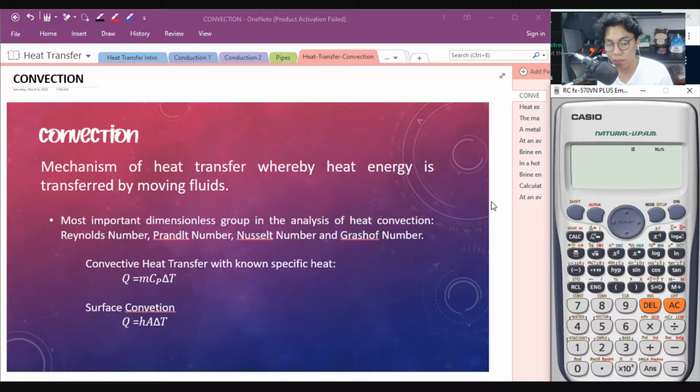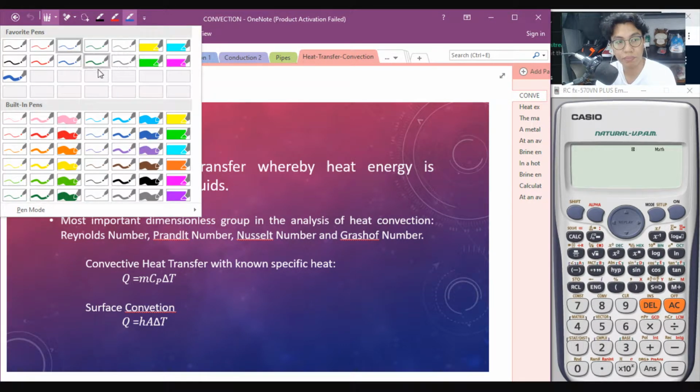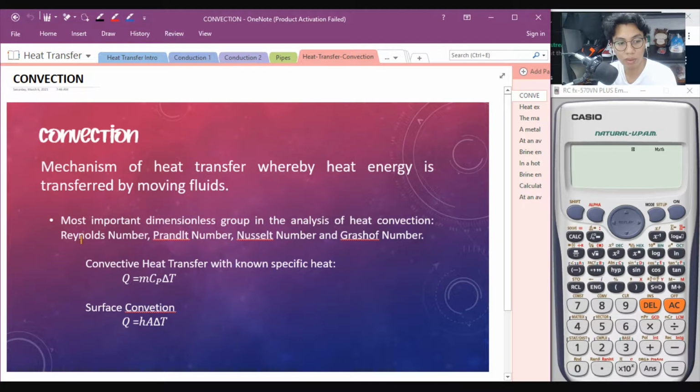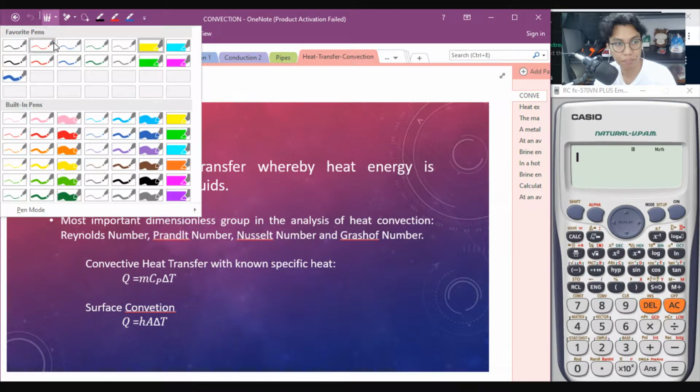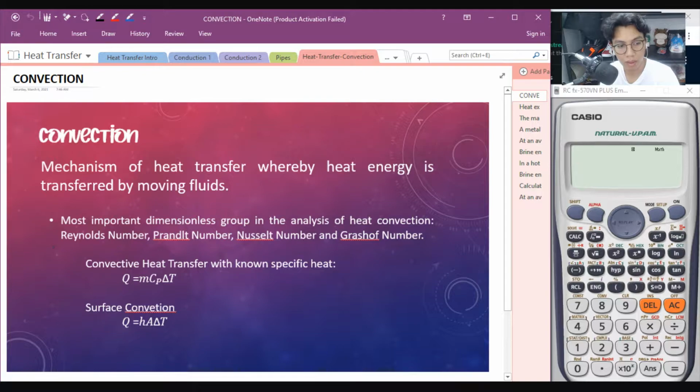And the most important dimensionless groups in the analysis of heat convection are, number 1, yung Reynolds number. Ginagamit po natin yan sa flow in order for you to determine in what flow ang pinag-uusapan natin. Nadidetermine natin if the flow is laminar or turbulent.